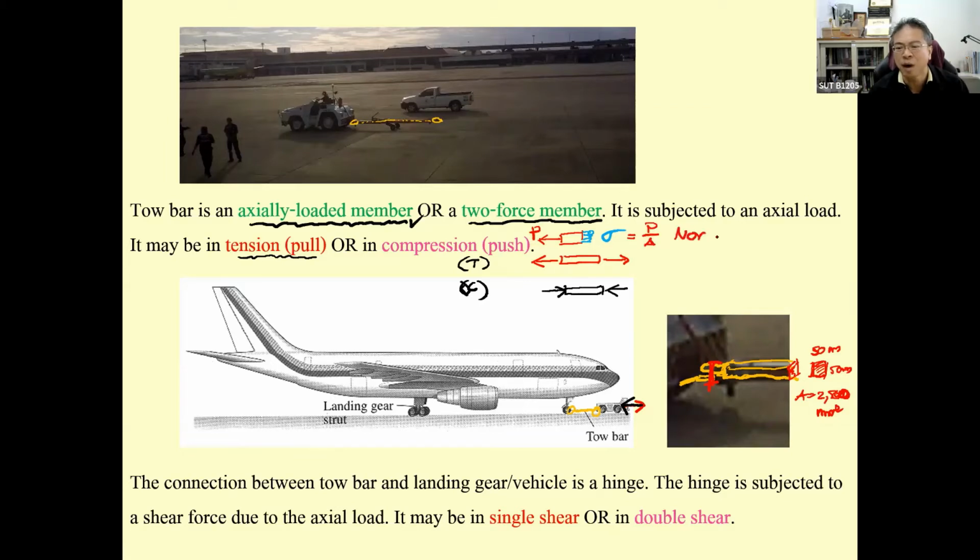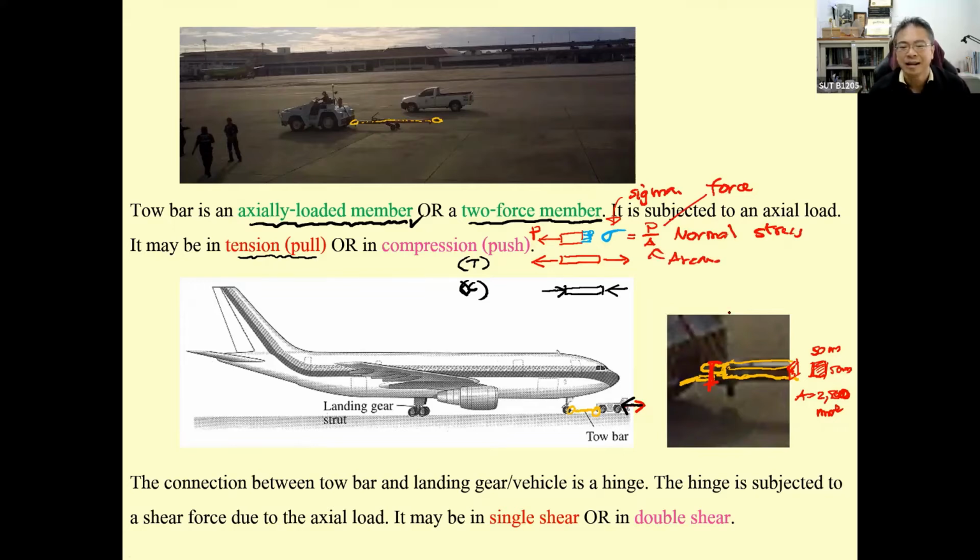If you divide P by A, you compute the normal stress, and we call this symbol sigma. So sigma equals force divided by cross-sectional area.